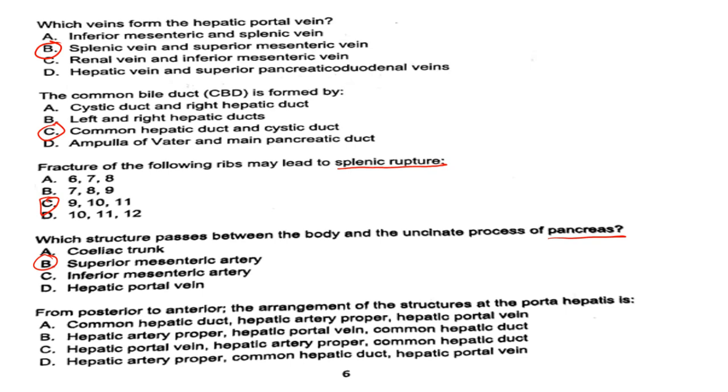And then B, we have the hepatic artery proper, and then we have hepatic portal vein, and then we have the common hepatic duct. Then C, we have the hepatic portal vein, hepatic artery proper, common hepatic duct, and D we have hepatic artery, common hepatic duct, and hepatic vein.